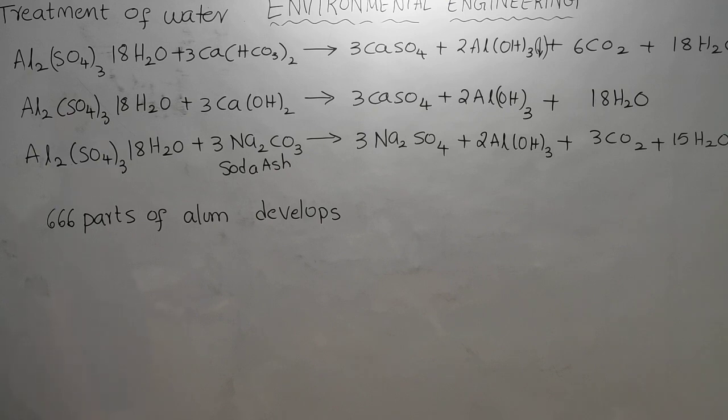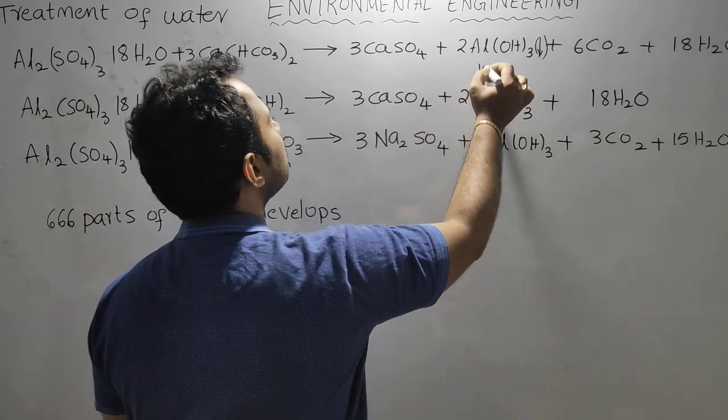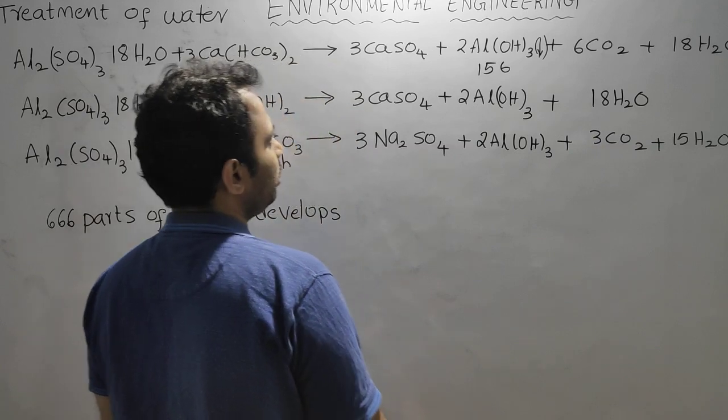So 78 into 2 is 156. So 156 is the molecular weight of this. And carbon is 12 plus 16, that is 18.